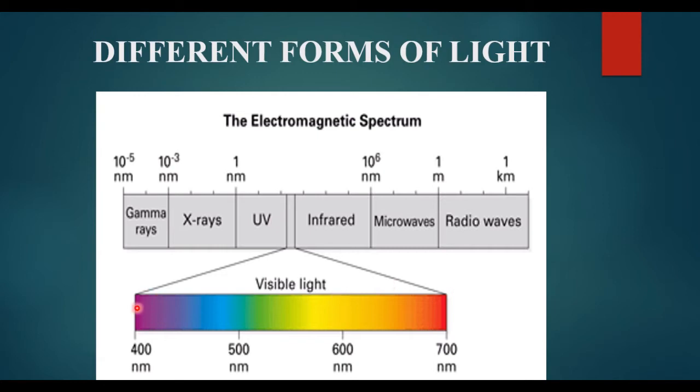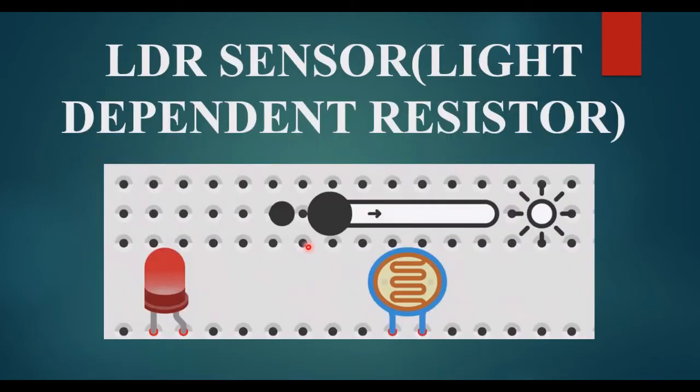For the human eye, the visible light is from 400 nanometers to 700 nanometers. We can only see light between 400 and 700 nanometers. The infrared light is beyond 700 nanometers, so we will not be able to see the light which is transmitted by the IR sensor.